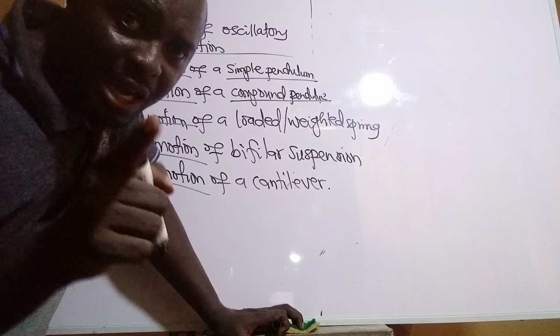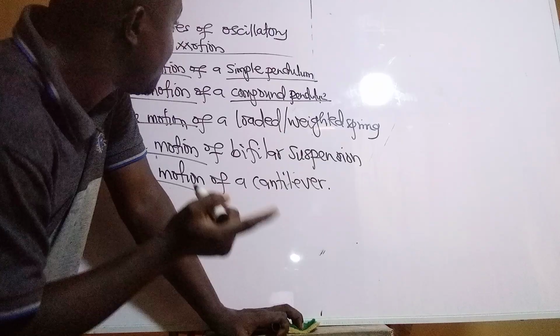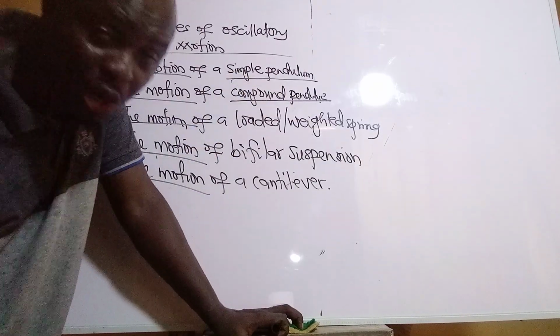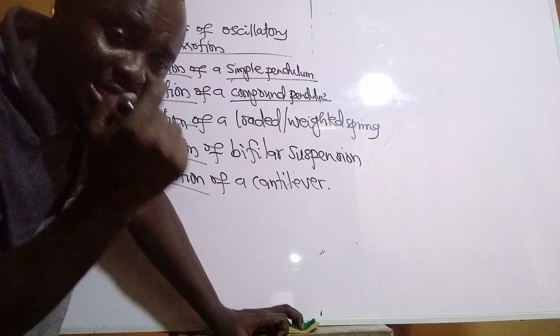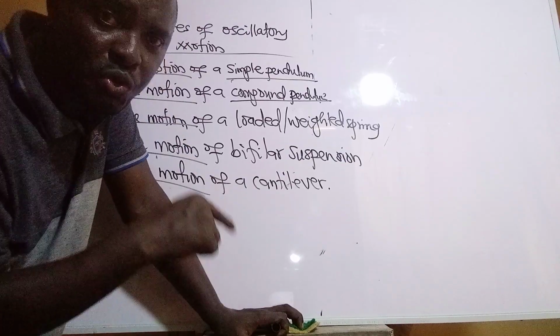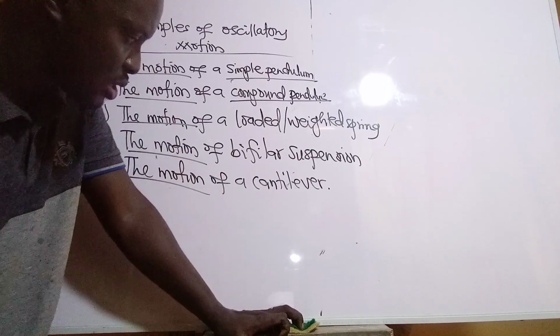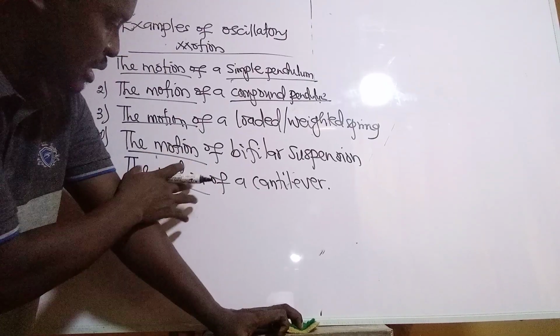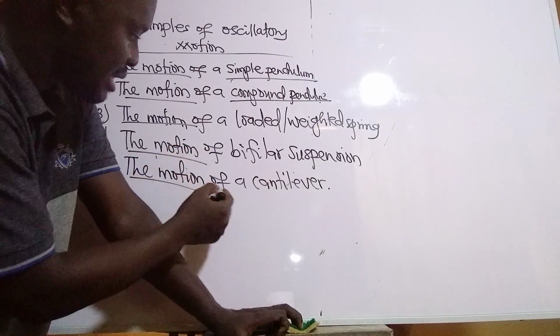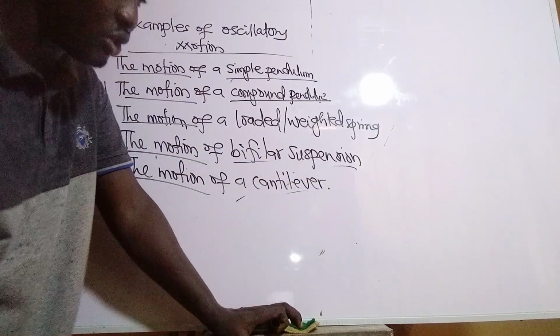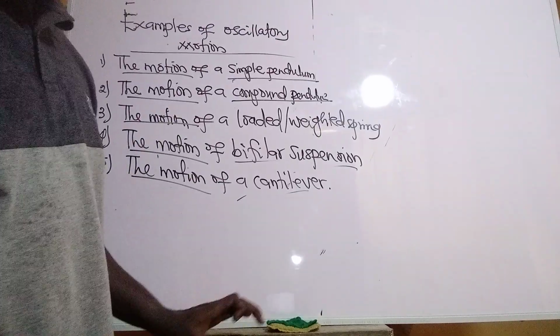So if you are asked to state an example of oscillatory motion and you just write simple pendulum, you are wrong, because the simple pendulum has to move to show oscillatory motion. Is that okay? So please take note of the phrase attached to whatever we are talking about, the motion, and so on. So this is it.